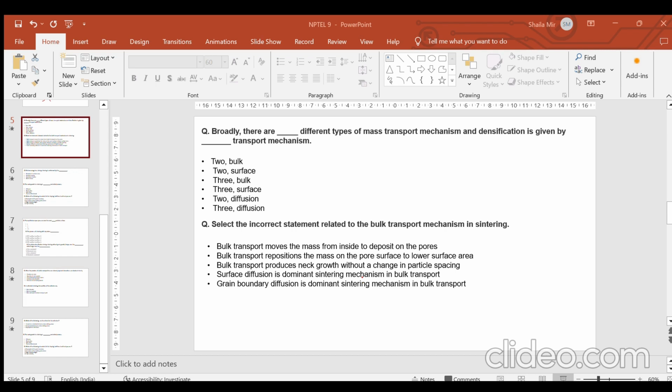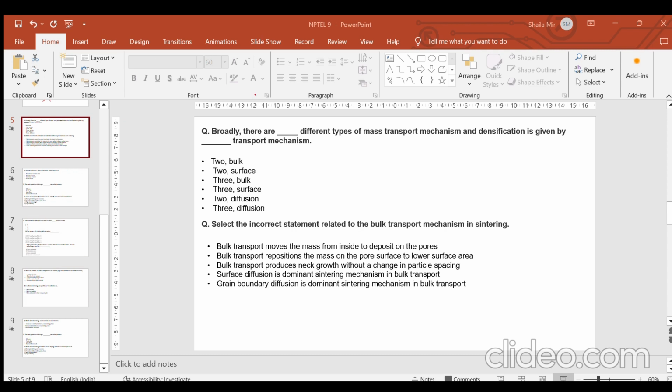Okay, then we have surface energy loss during sintering is evident by the reduction in surface area, particle bonding, decrease of the pores, all of the above. So obviously, as we said, during sintering or during densification process, the particles come in contact with one another, they form a neck, and that neck grows so that the particles coalesce together, and there is a decrease in the porosity, and that decrease in porosity will result in your densification.